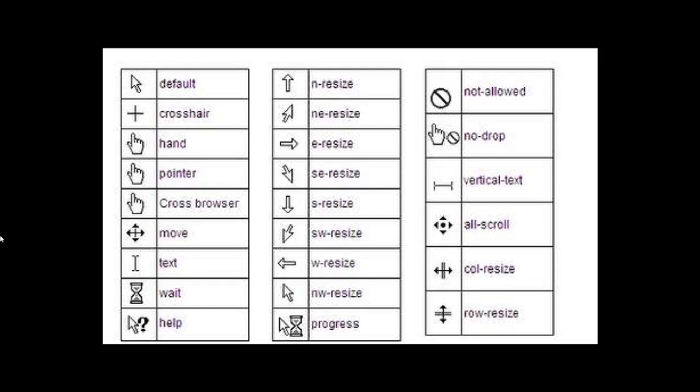As you can see here, the default one is the one I have the mouse pointer on, which is the one everybody uses, and a crosshair, the hand, which indicates that the pointer is on a hyperlink. And also have move, which is when you are editing something. You have a text, wait, which means you are loading something, and many other types of cursors out there.